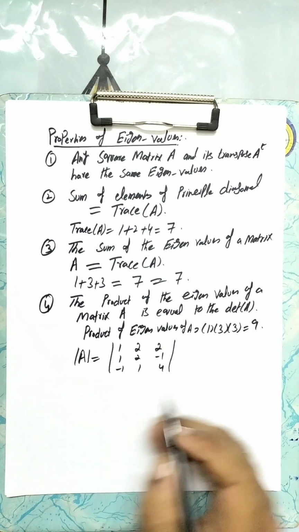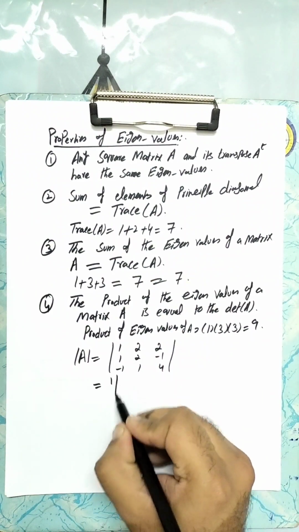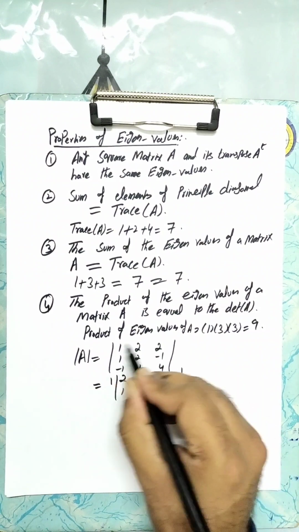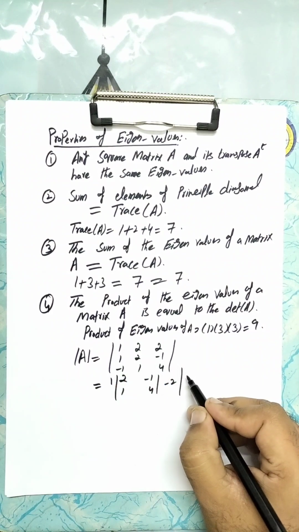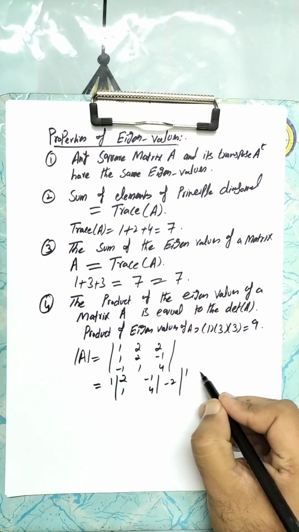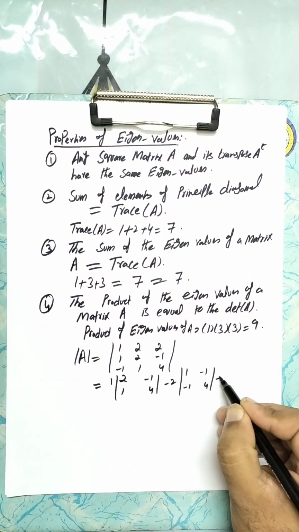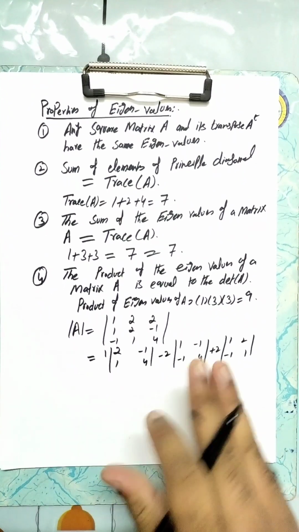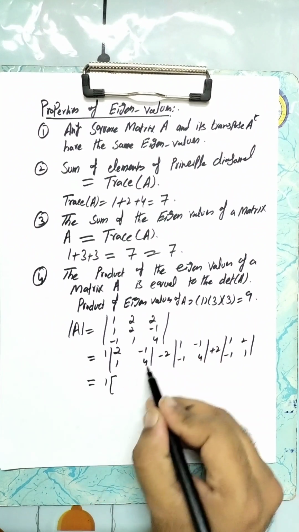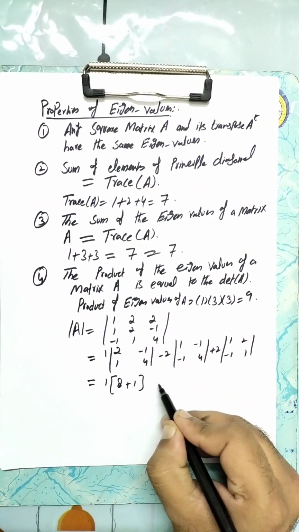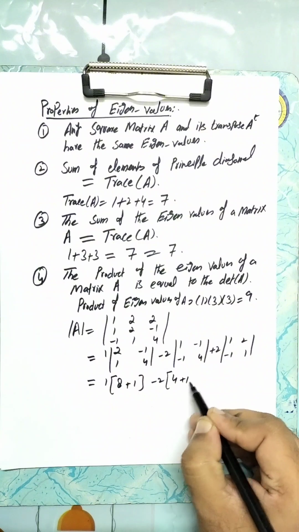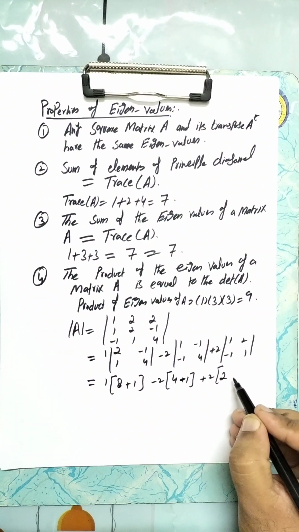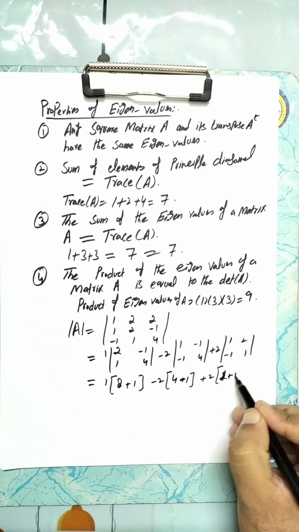So calculate the determinant of A. By expanding by R1, this is 1 times (2 minus 1, 1, 4), minus 2 times (1 minus 1, 4 plus 2), and plus 2 times (1, 2 minus 1 and 1). So calculate this.